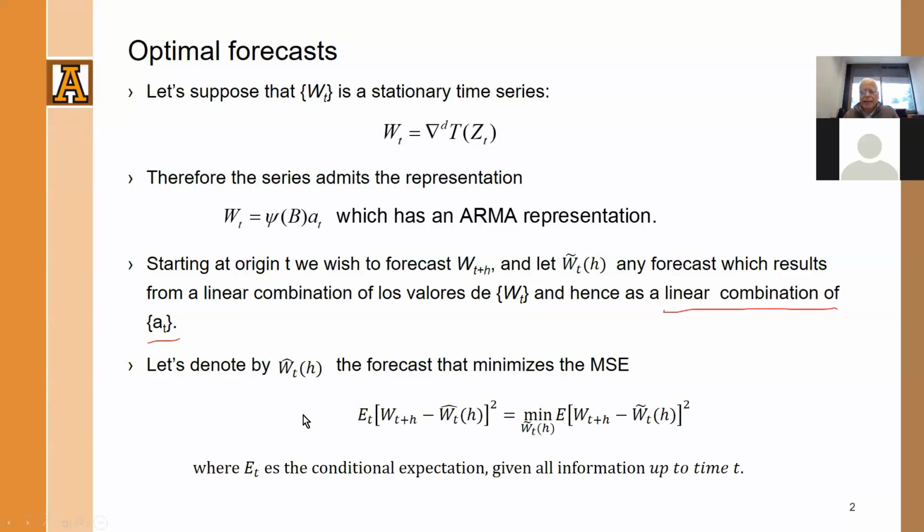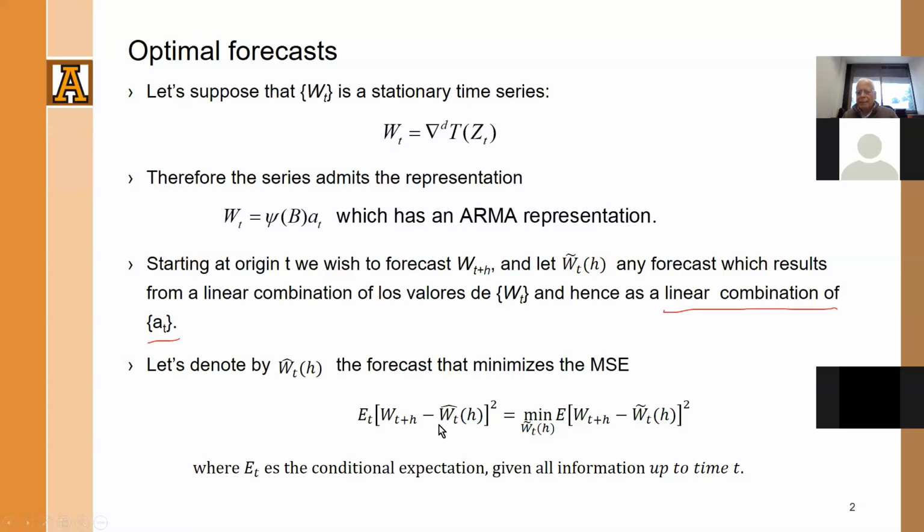Now, W hat minimizes the conditional expectation, E sub t. That's why we use the notation, to indicate that we are computing the conditional expectation at time t of W at t plus h, which is the actual observation that we will have at time t plus h, minus its optimal estimate, squared.